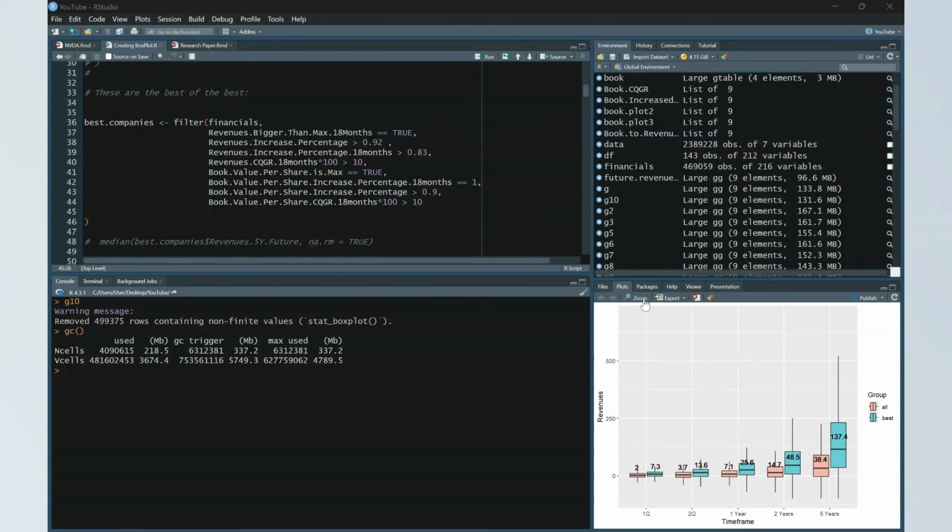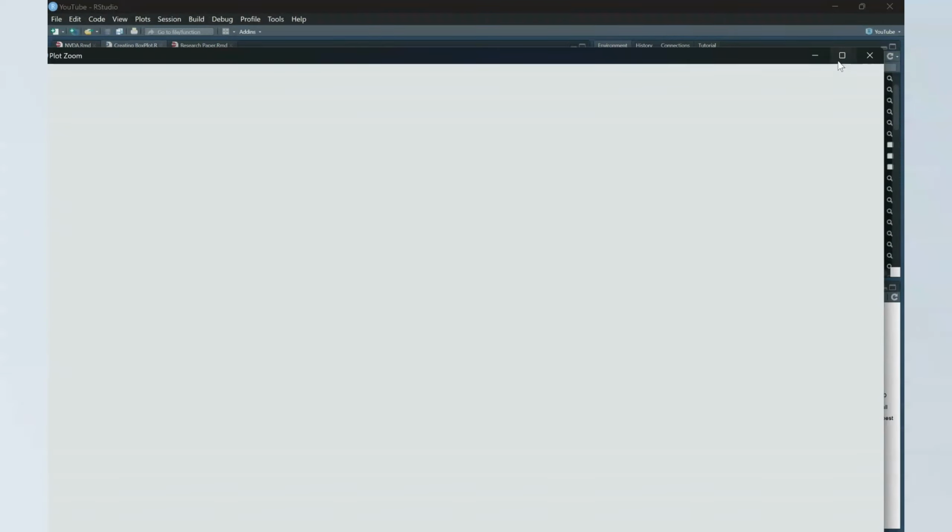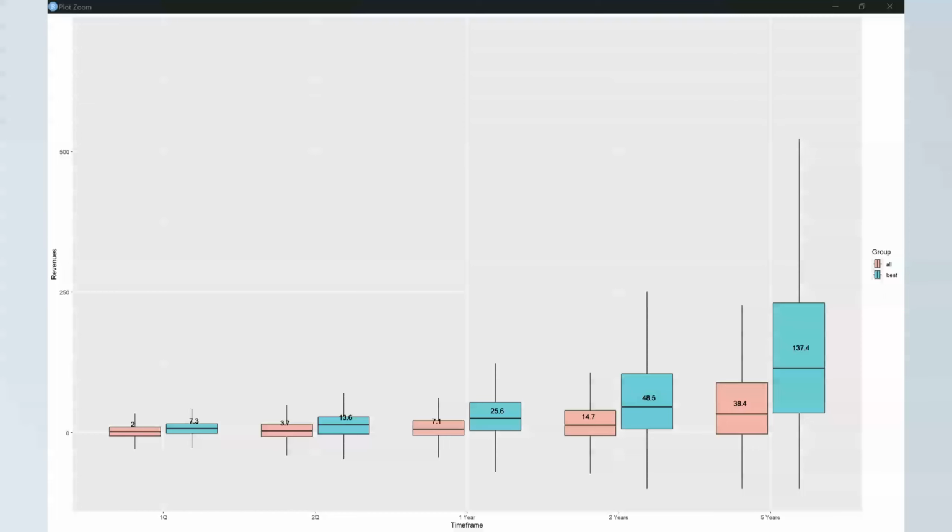And here is the proof of the usefulness of those metrics. This is just outstanding, how few filters we needed and how much better the future revenues are compared to the old stock market data.